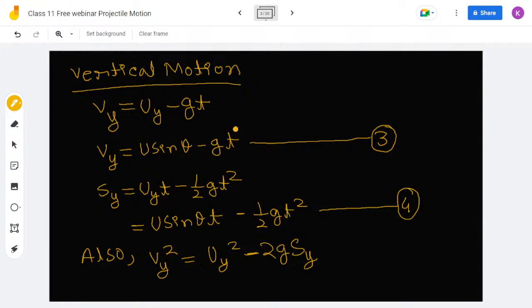Now from this equation number 3 we can say what the velocity is at maximum height. The velocity at maximum height is actually 0. So from equation number 3 we can write 0 equal to u sin theta minus gt.